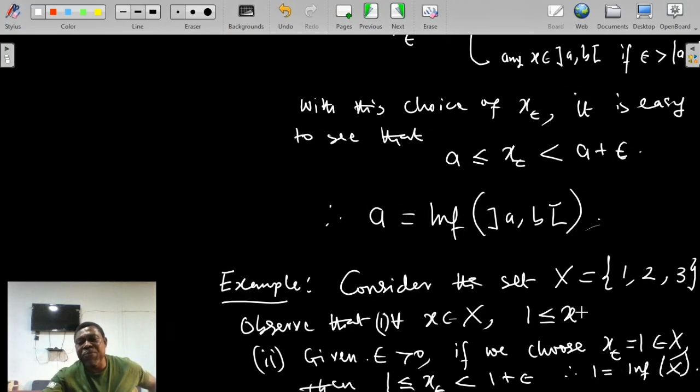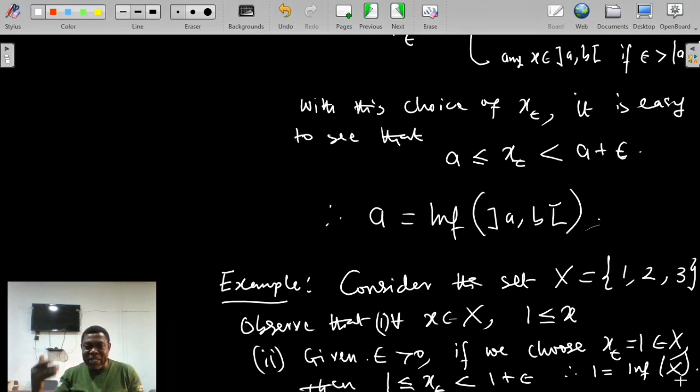What I want us to see from here is that if we look at the definition we gave at the beginning, the definition of the minimum of a set, we shall see that 1 is the minimum of X, because 1 is in the set, and 1 is less or equal to everything in the set. Here now, with what I've just done, we see that 1 is the infimum of the set X. So what I want to point out here is that once a set has a minimum, then that minimum automatically becomes the infimum of that set.